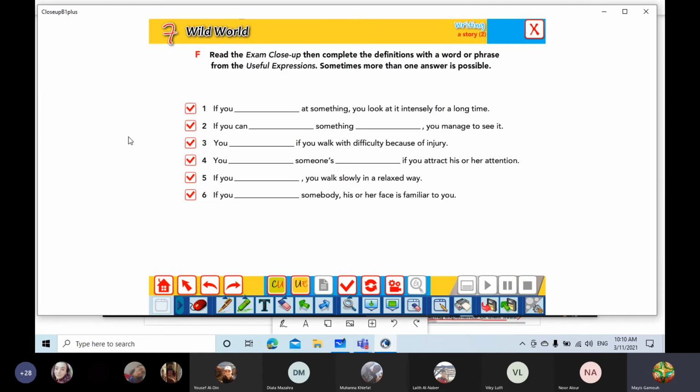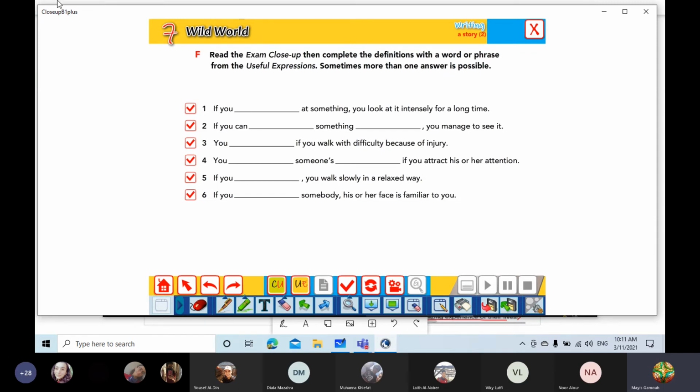All right, let's go to our next exercise, which is exercise F. Go ahead. If you stare or glare at something, you look at it intensely for a long time. Yes. But before that, let's read the instruction. Read the exam close up, then complete the definitions with a word or phrase from the useful expressions.